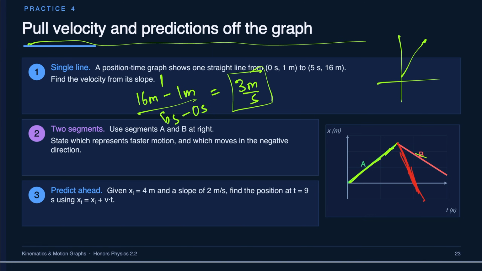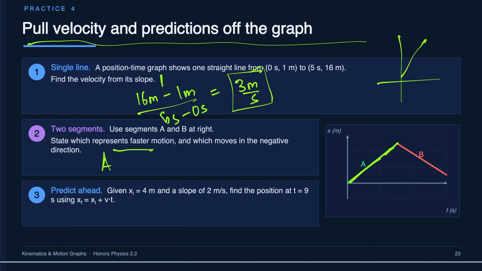It's just that B is more broad than A. That's why B is not the faster graph, because the steepness of a graph indicates its slope, or its speed, sorry. So we know that A is the faster graph.